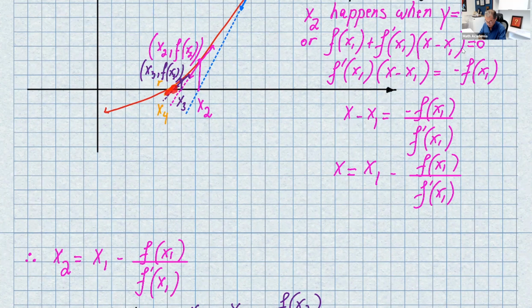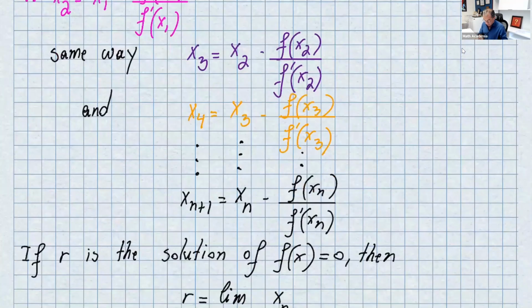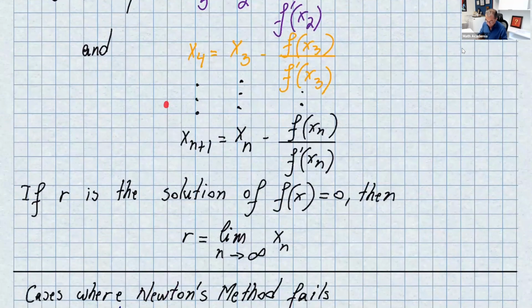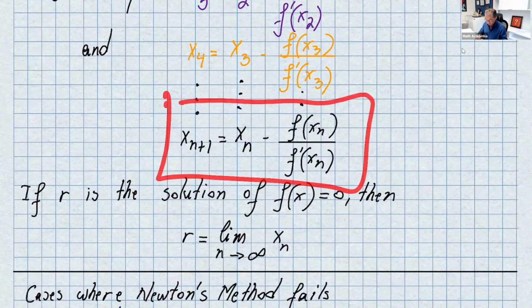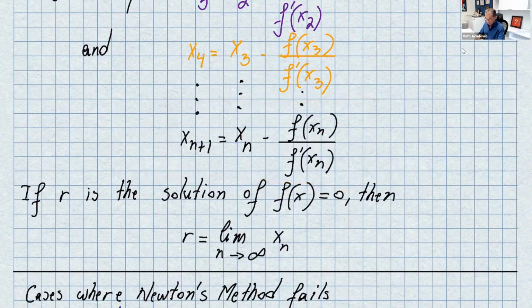So it gets to a point where xn or xn plus 1 is equal to the x-intercept, then you keep getting the same number, and that's when you know you're done, or very, very close to that number. So that's why the general formula is x sub n plus 1 is x sub n minus f of x sub n divided by f prime of x sub n.